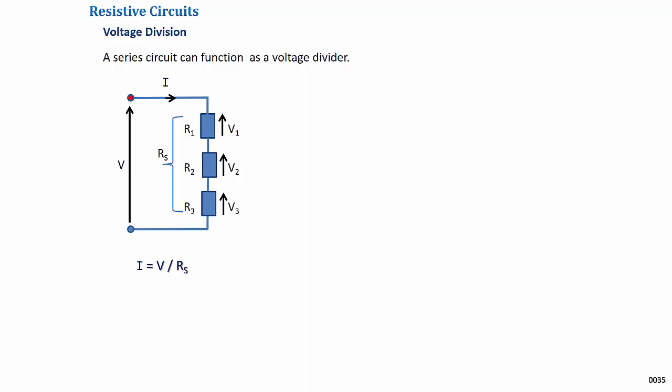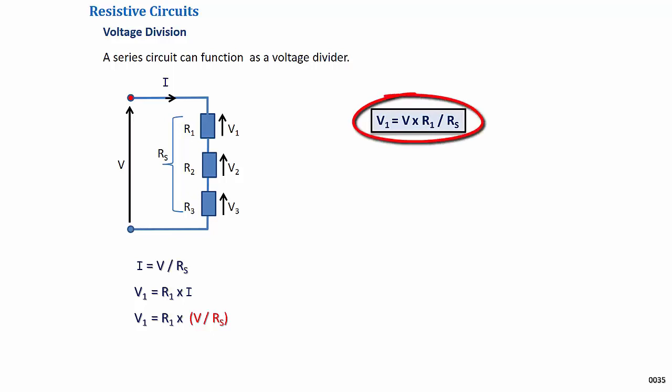By Ohm's law, I equals V divided by Rs. The voltage across R1, V1, equals R1 times I. Substituting for I, V1 equals R1 times V divided by Rs, which may be rewritten as V1 equals V times R1 divided by Rs.